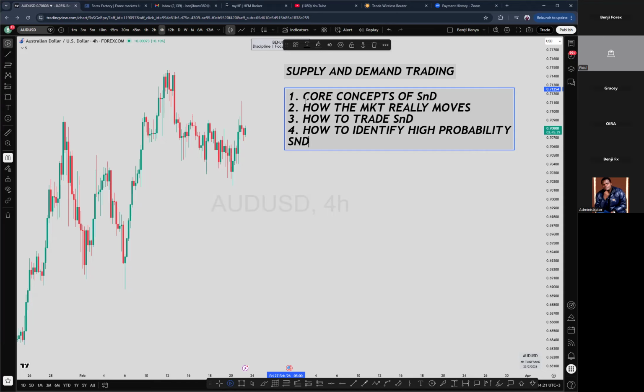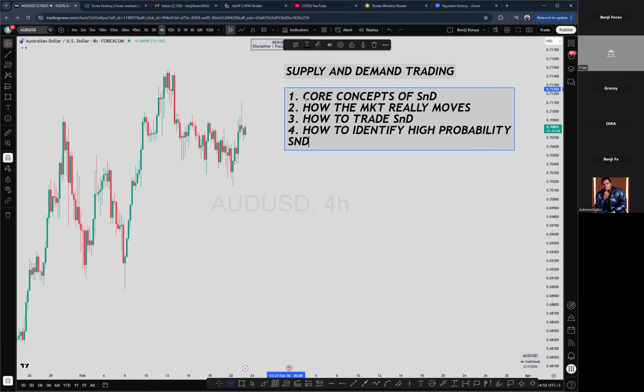So what is supply and demand trading? In simple terms, supply and demand trading is the SMC way of trading. With SMC, we learn that we really need to trade like how the institutions trade. Whenever the institutions are in play, they usually leave footprints, and footprints have to do with supply and demand.